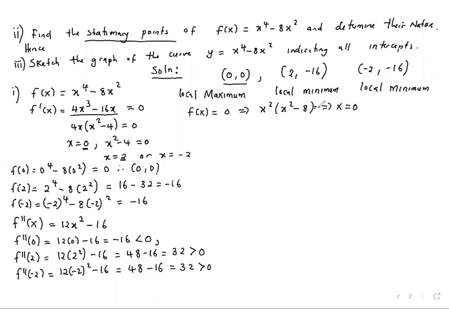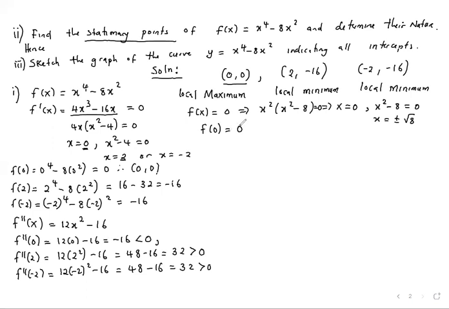When you equate this to 0, of course, x is 0, and also x squared minus 8 is 0. This is giving us x is plus or minus the root of 8. And then the y-intercept, we take 0 in the original function, we get 0.